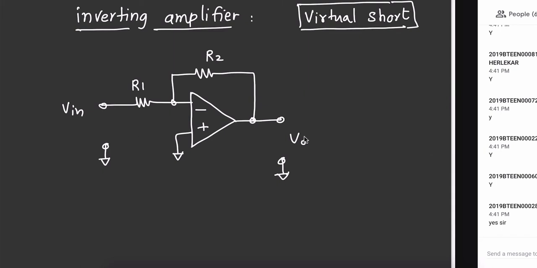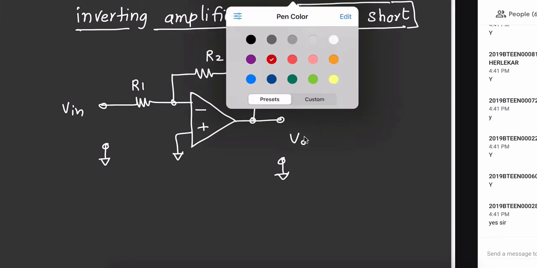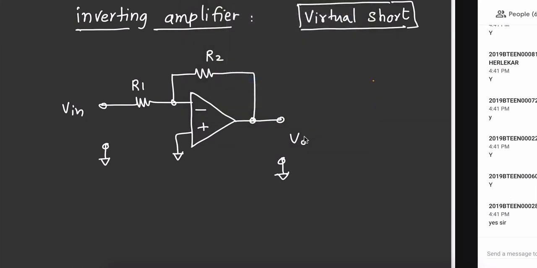Let us consider R1 to be 2K, and this is 10K. So Vin is 1 volt. Let me ask questions and you will answer that. So what is Vp?